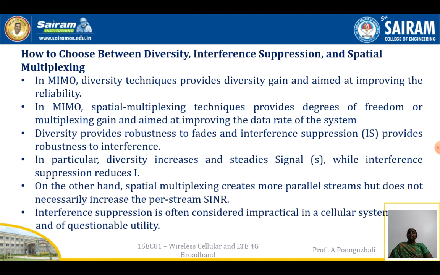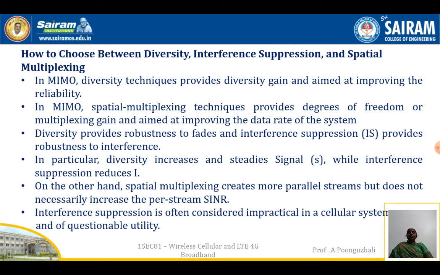Diversity provides robustness to fades and interference suppression. So in this case, I am going to go for diversity techniques. The fading of the signal is reduced and the interference is suppressed, so we say it provides robustness to interference.